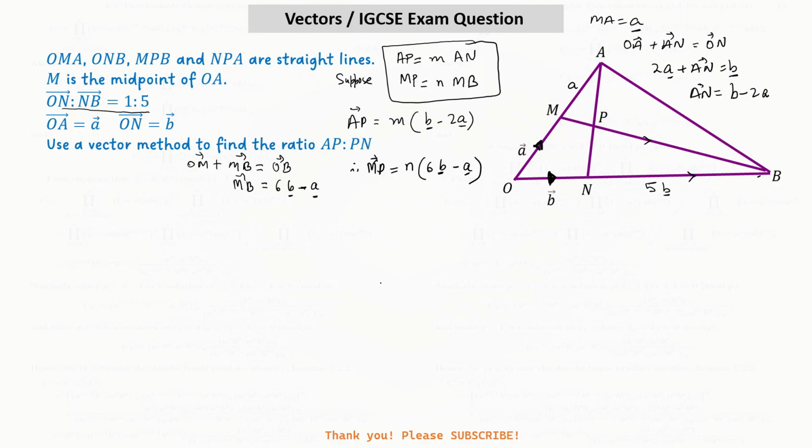So I have now got AP and I have MP. So we have got AP, we've got MP, so now we can say that vector MA plus AP is equal to MP.